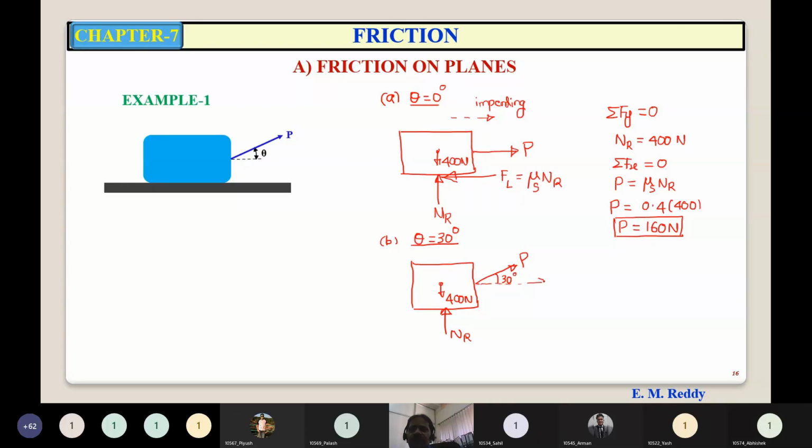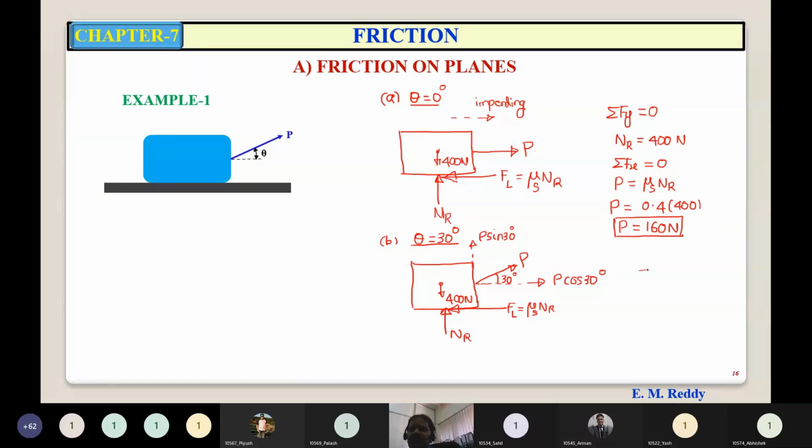If we resolve this into two components, the X component is P cos 30, the Y component is P sin 30. And being in impending motion, there is a friction force, which is the limiting friction, mu s into normal reaction.